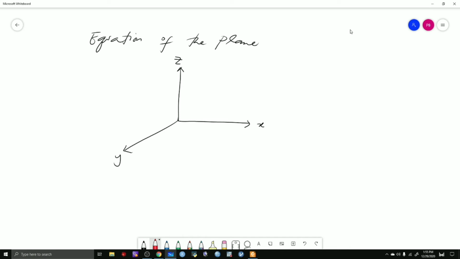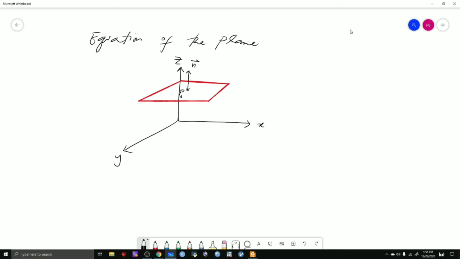And let us draw a plane here. Now, the definition of a plane is that a plane is determined by a normal vector, so we call it n with an arrow on the top, and a point that lies in the plane.